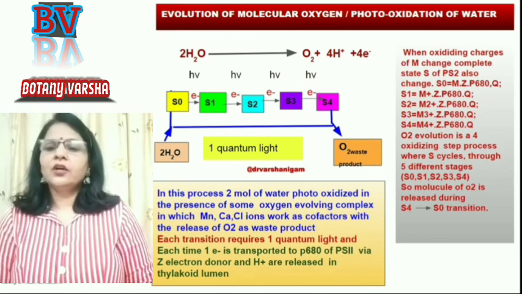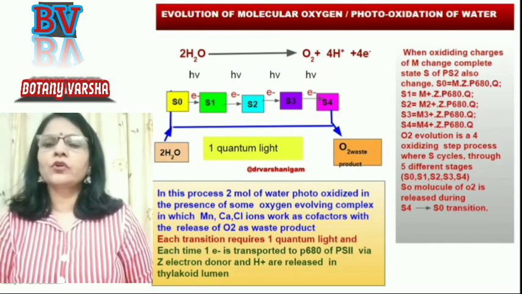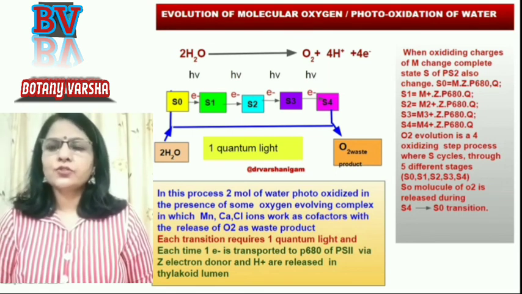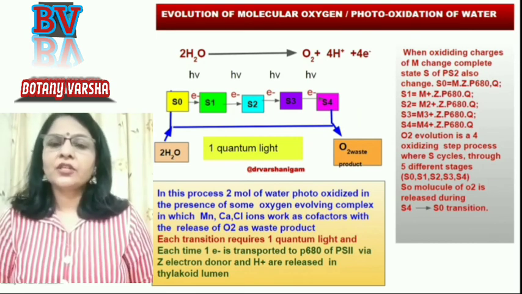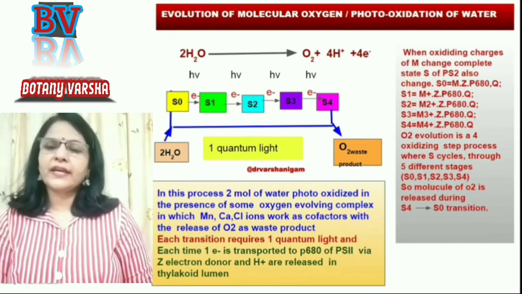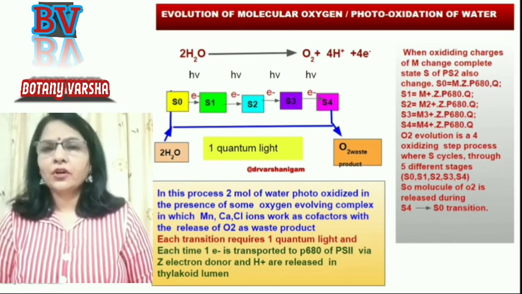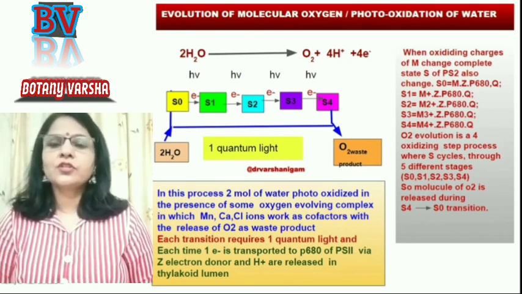But this oxygen evolution is a four-step process, four oxidizing step process, where S cycles through 5 different stages. These stages are S0, S1, S2, S3 and S4, and molecular oxygen is released during the S4 to S0 transition.